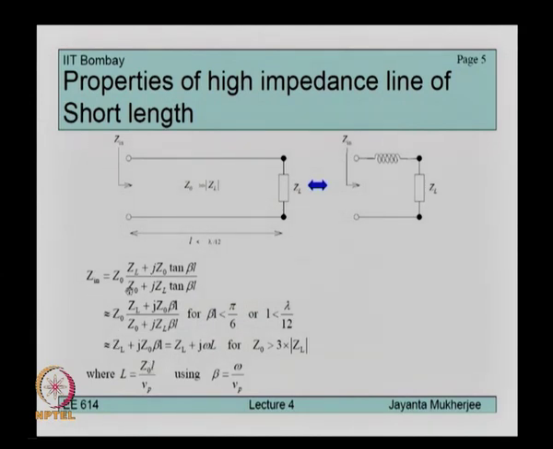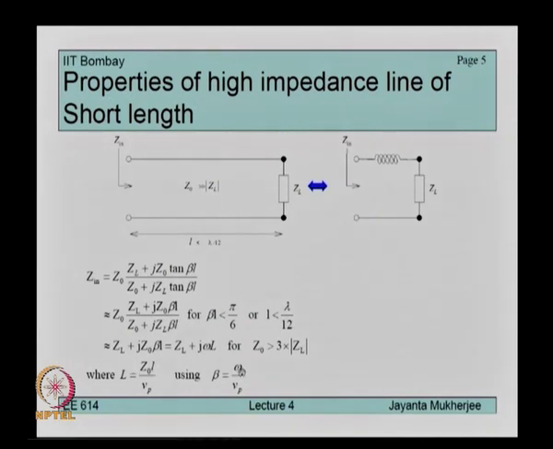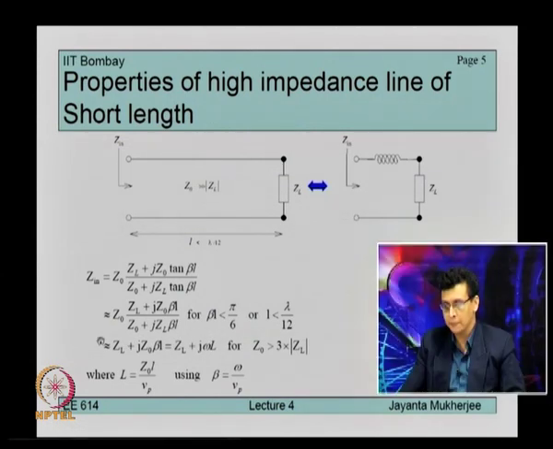Starting from this equation, if the electrical length beta L is less than pi upon 6, then we can show that Zin will be equal to this value. So, this is one way of achieving an inductor that we had discussed a few minutes ago.